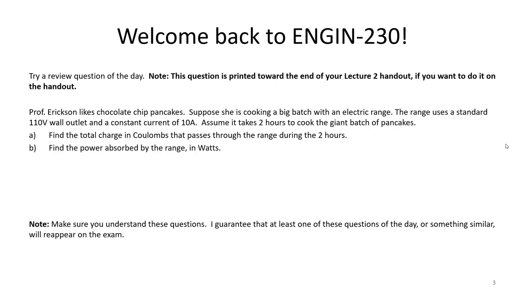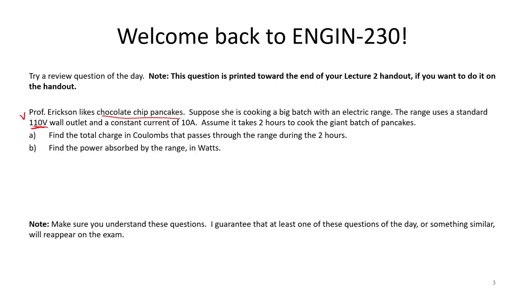This first question of the day is about chocolate chip pancakes. I like chocolate chip pancakes, and I'm cooking a big batch with an electric range. The electric range uses a standard 110 volt wall outlet and a constant current of 10 amps.